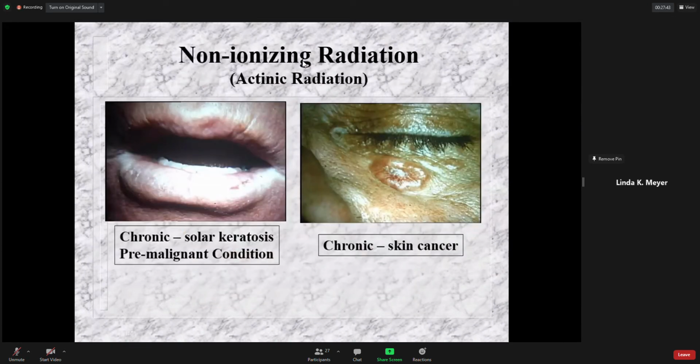Just remember when you're outside to use sunscreen, and also on your lips too, because there is a premalignant condition that can affect your lips. People that work outdoors or are constantly outside and don't protect their lips are prone to this damage from sunlight.